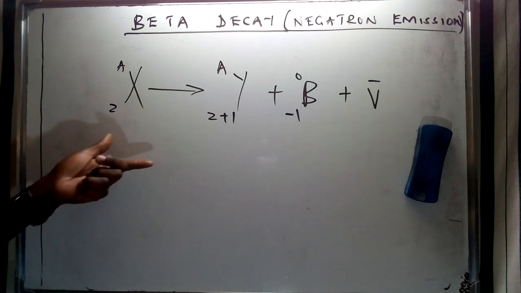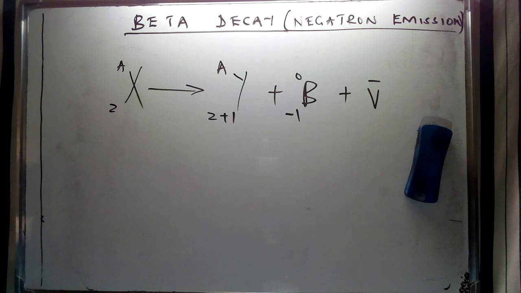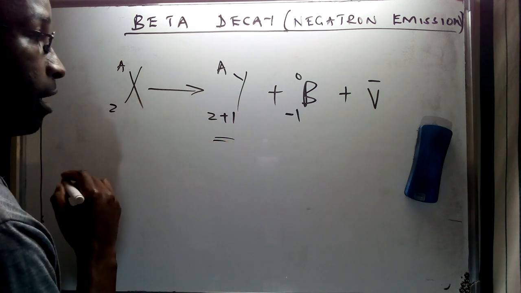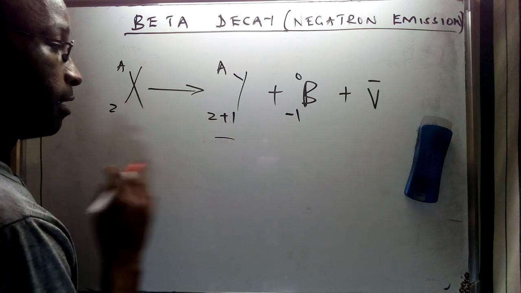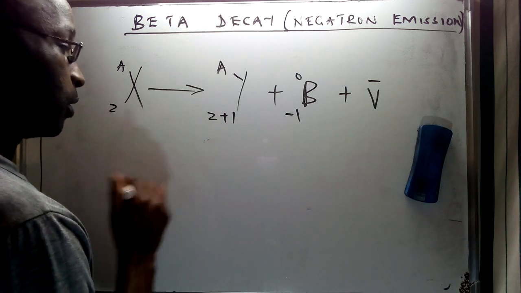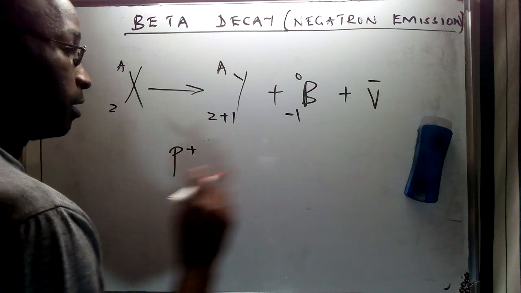So if you look at this product, the implication is that a proton is added to the nucleus, especially for this daughter nucleus product. A proton is positively charged.